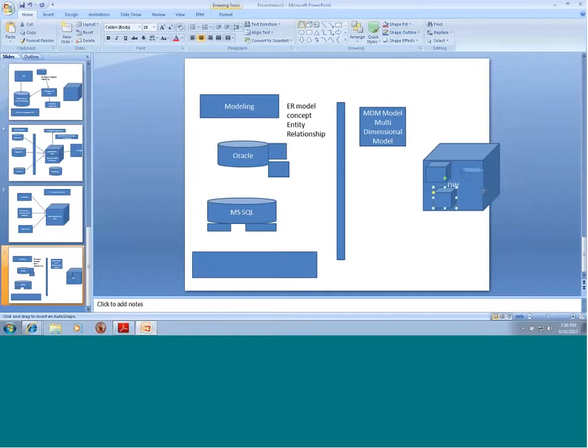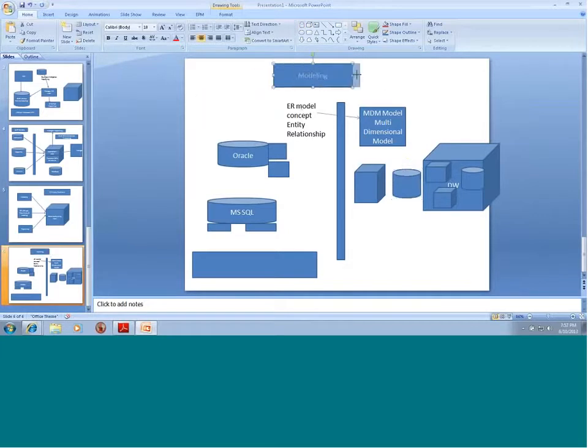It could be an info cube or a data store object, whatever it is. So we are converting from the ER model into the MDM model, and based on this MDM model we create the different structures required to store all the data coming from multiple source systems.